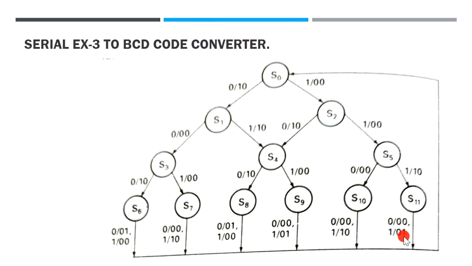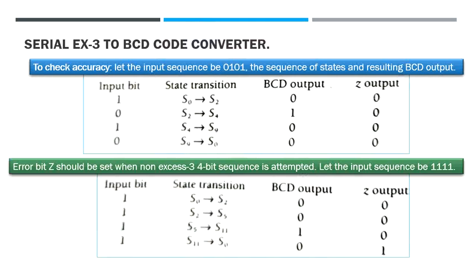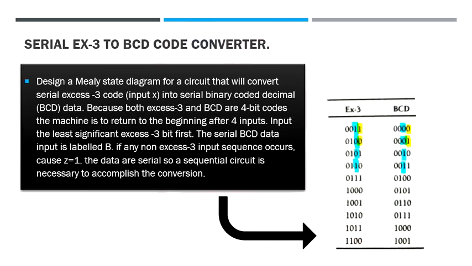So here Z is equal to 1, which indicates that a non-XS3 code has been attempted. From these examples, it is very much clear that it is possible for us to recognize the pattern and identify whether the code conversion that has been done is accurate or not.